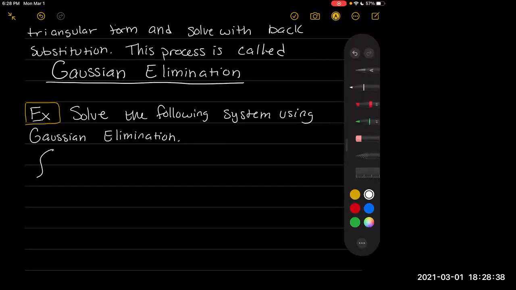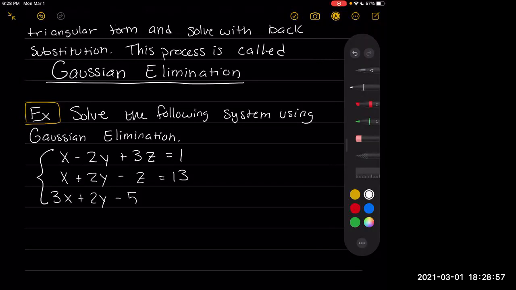So our system is going to be x minus 2y plus 3z equals 1, x plus 2y minus z equals 13, and 3x plus 2y minus 5z equals 3. Where this is equation 1, equation 2, and equation 3.